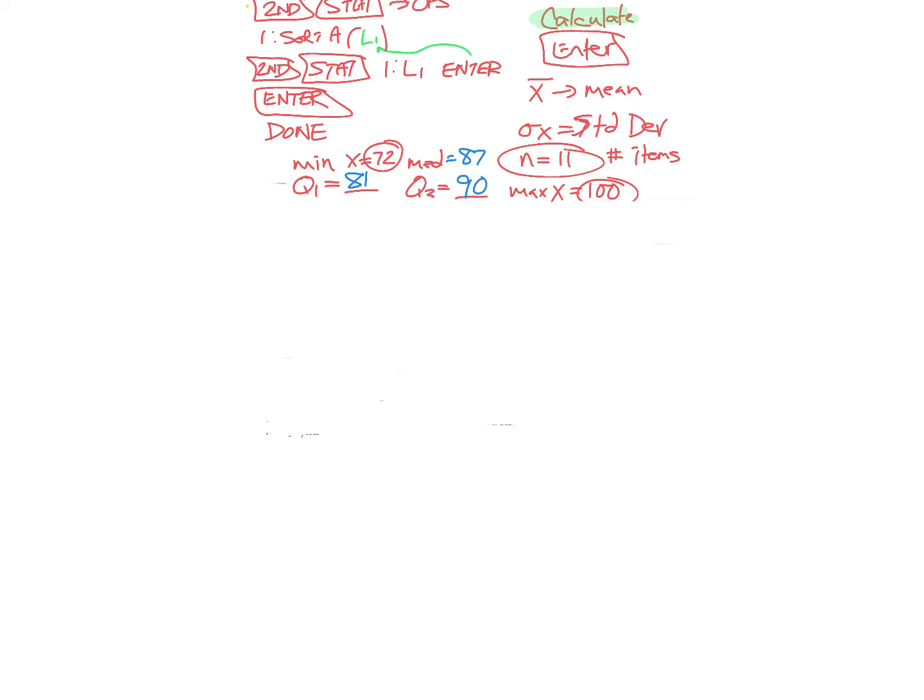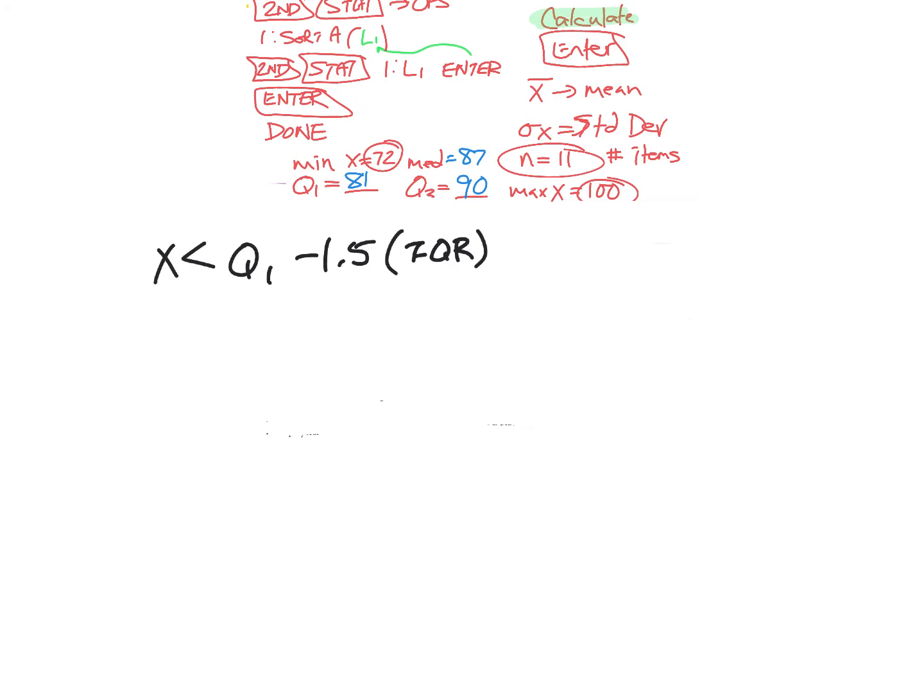So again, two definitions. We'll start with the first one. If x is less than Q1 minus 1.5 times the IQR.